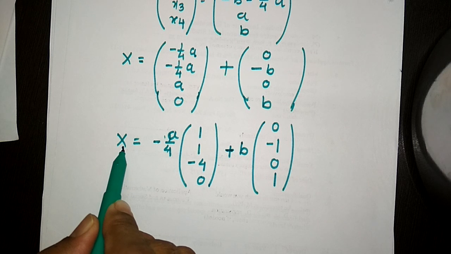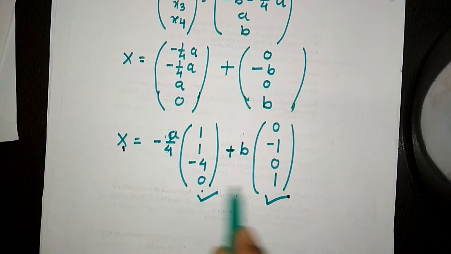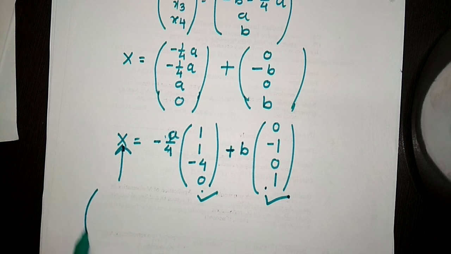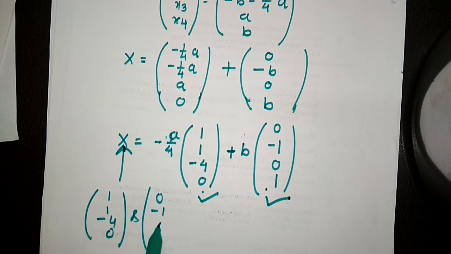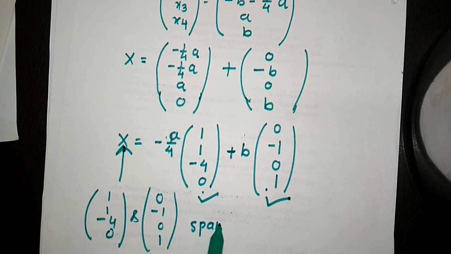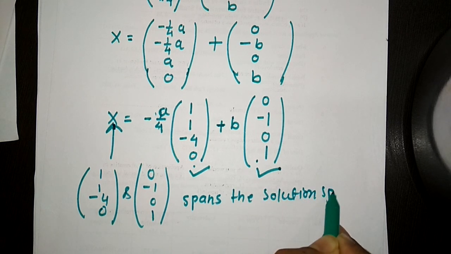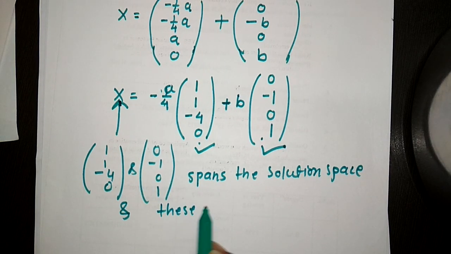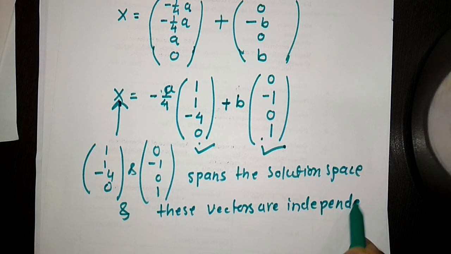Now this solution is a linear combination of these two vectors, meaning these two vectors span the solution space. So the vectors 1, 1, minus 4, 0 and 0, minus 1, 0, 1 span the solution space, and these vectors are linearly independent.